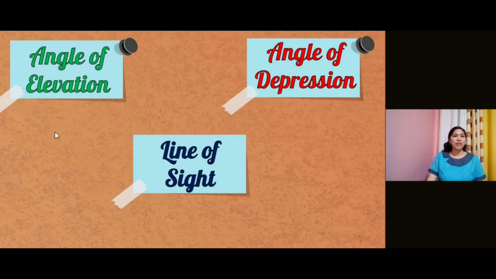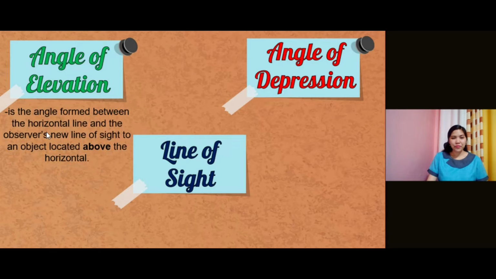Now let's have the formal definition of angle of elevation. This is the angle formed between the horizontal and the new line of sight to an object located above the horizontal. So you have here the key term above.